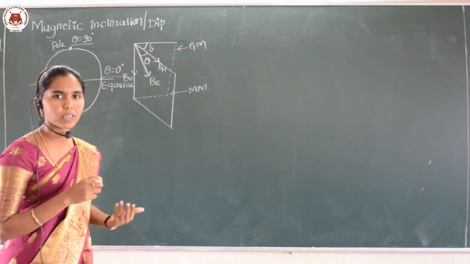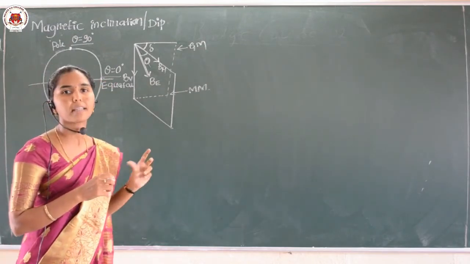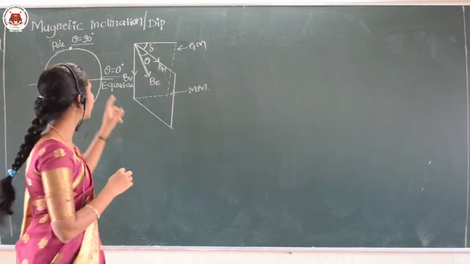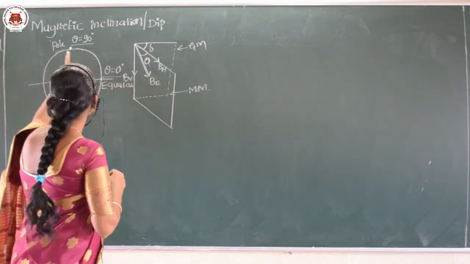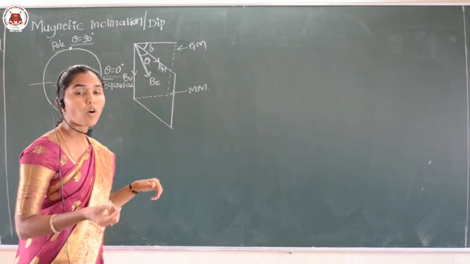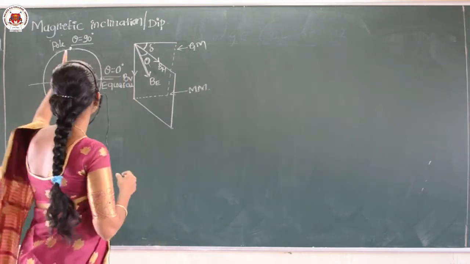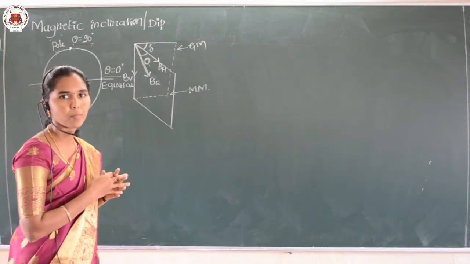There may be a question, what is the angle value of the dip at the equatorial line of the earth? Theta is equal to 0. Then what is the maximum value of the dip at the pole region? The answer is theta is equal to 90 degrees.